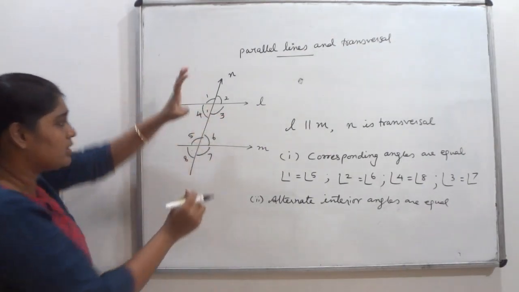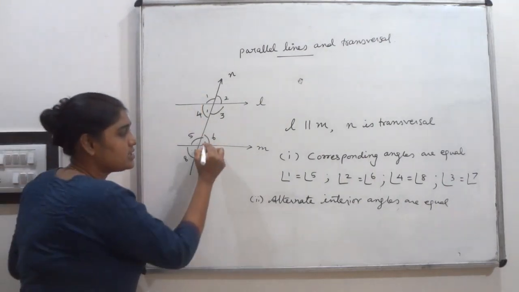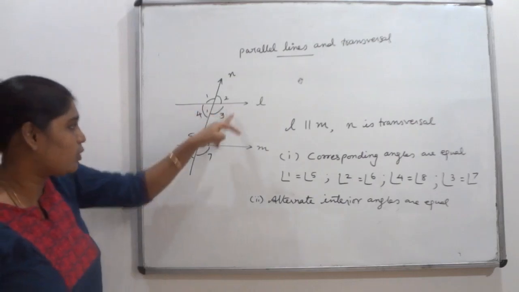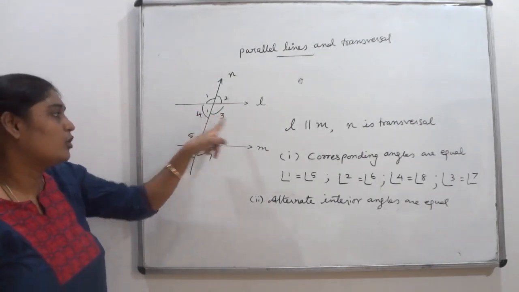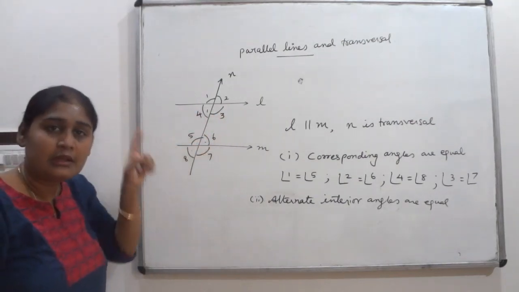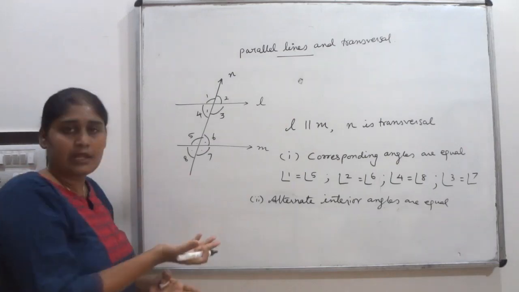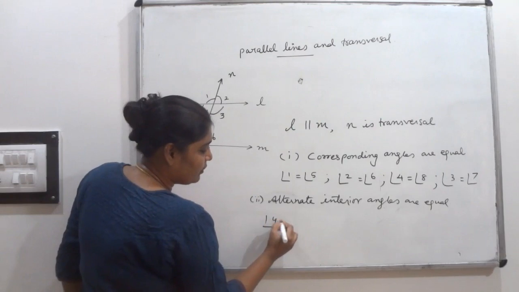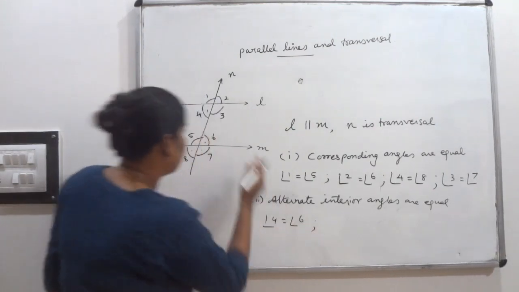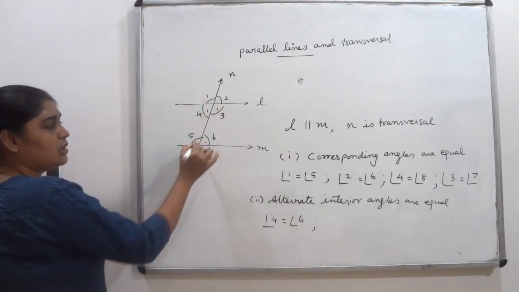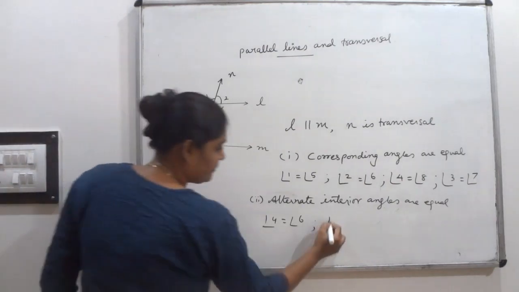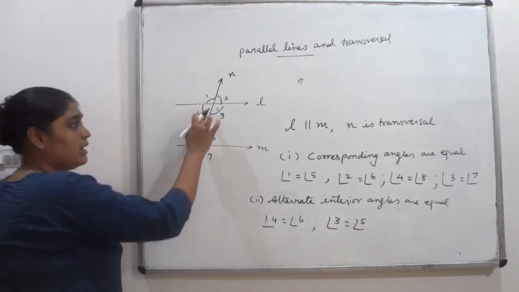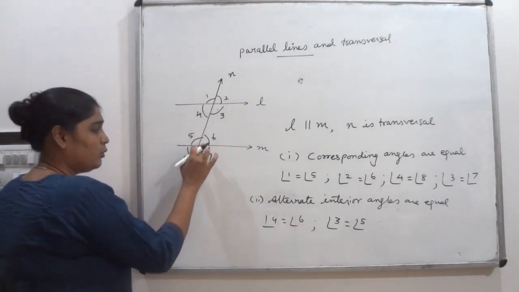Angle 4 is on the left hand side, angle 6 is on the right hand side. Angles 4, 3, 6 and 5 are interior angles. Alternate interior angles are equal means angle 4 is equal to angle 6. The same way on this side, angle 3 is equal to angle 5. These are alternate interior angles that are equal.